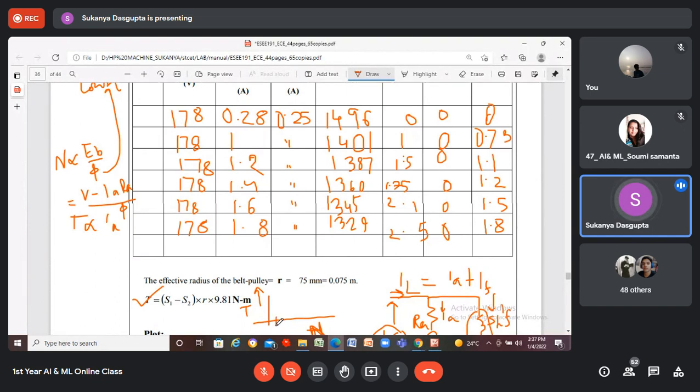So from 1300 to 1500, we will vary the speed.